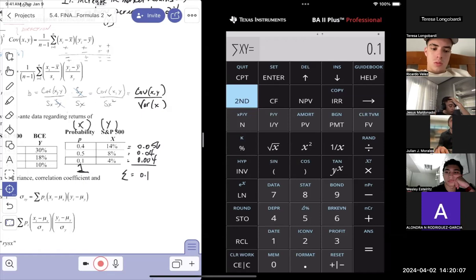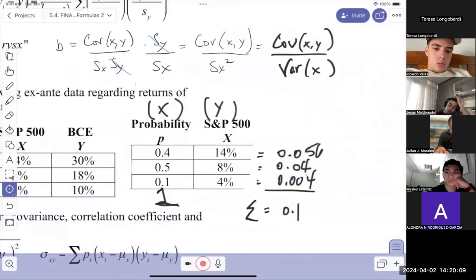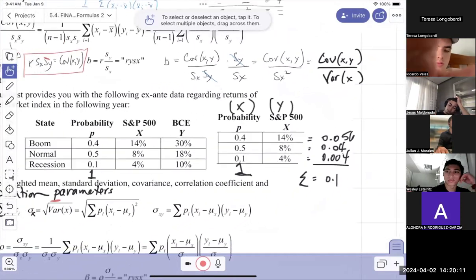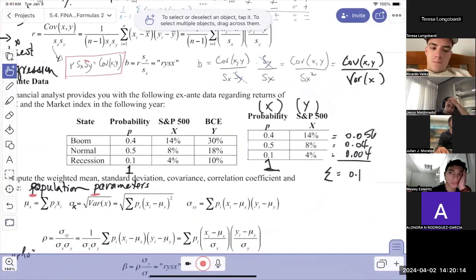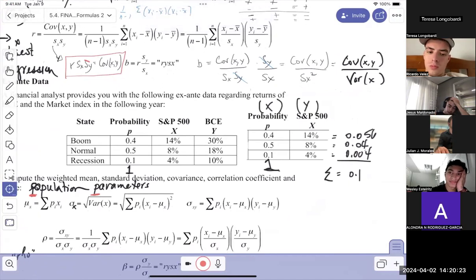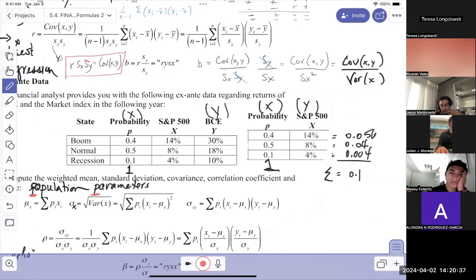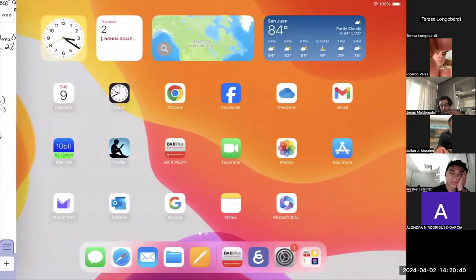Now let's move to calculating the standard deviation. Actually, let's get the mean for Y first, so I'll let you get Y. You're going to enter the probabilities as X, and Y will be the Y for the index. I'll do it while you're trying.